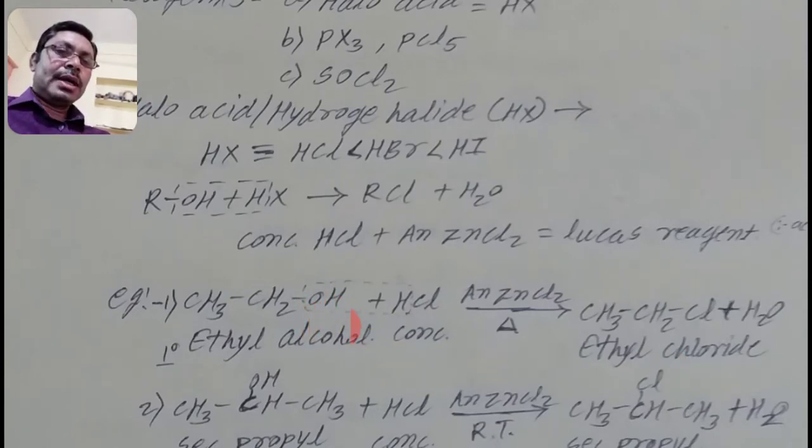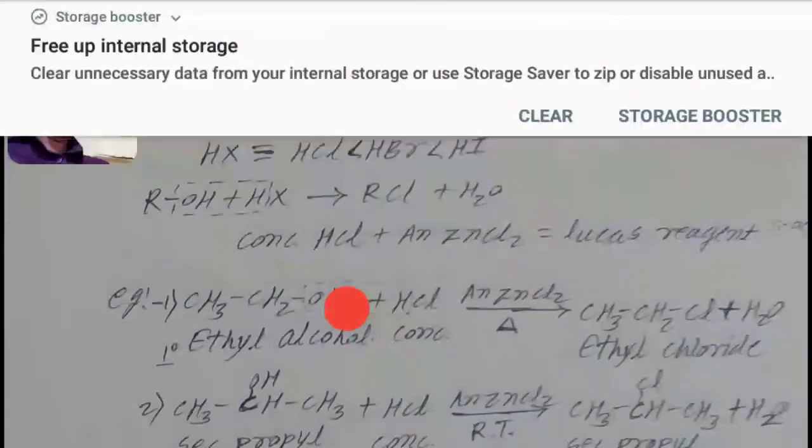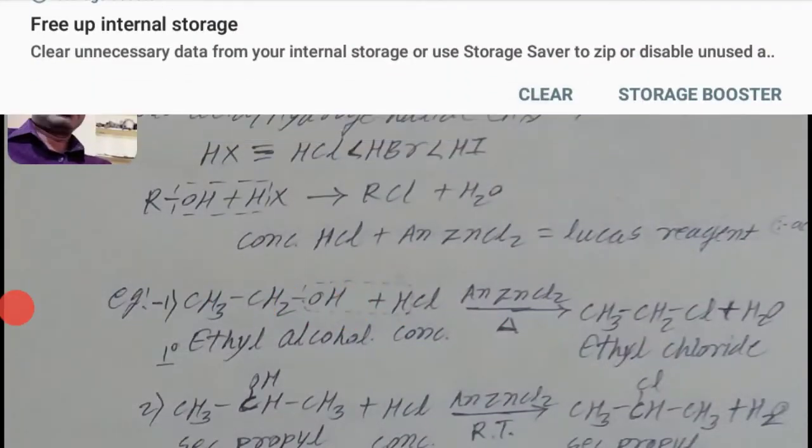See here, the OH of ethyl alcohol and the hydrogen of concentrated HCl combine to form a H2O molecule, and the chlorine is directly placed in the position of that OH group.